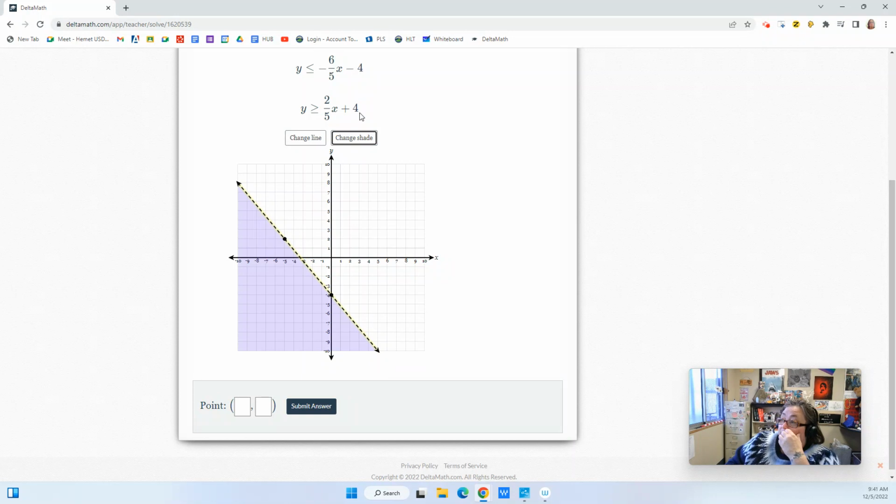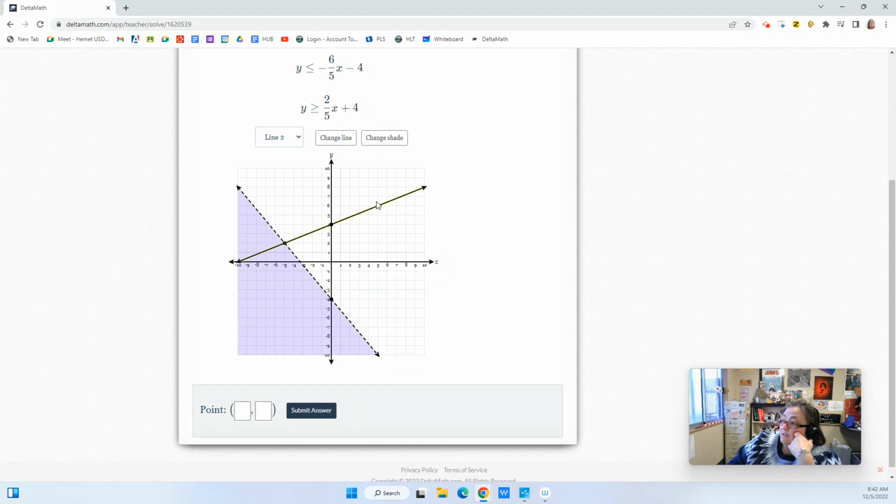Now we're going to put in our other line, and I'm going to go, okay, well, I've got 4, right? We've got 2/5 x plus 4. So 4 is my y-intercept, and my slope is 2/5. So I'm going to go up 2 and over 5. I hope I'm in the right spot there.